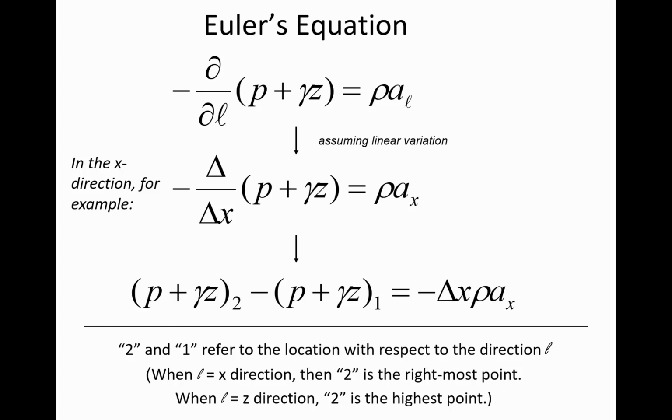location 1. And what we mean, our convention, is that if we're working in the x direction, then 2 is the point that's furthest to the right, having the most x. Or if this is a vertical acceleration, so if the acceleration is in the z direction, meaning up, then location 2 is of the 2 options that which has the most elevation.